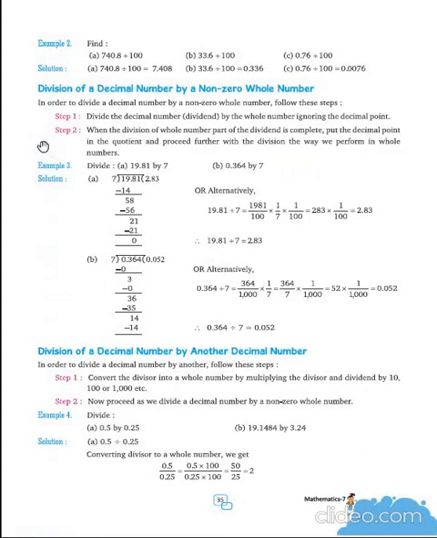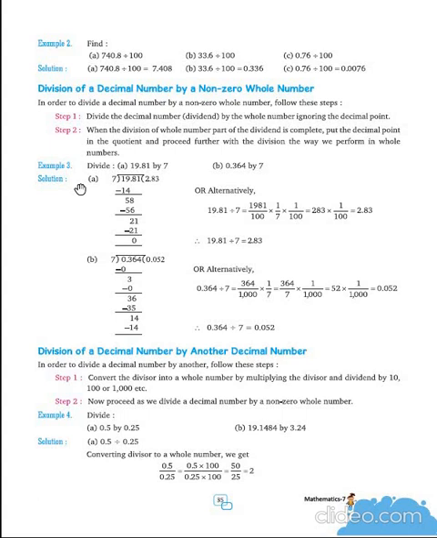Now let's see how the division of a decimal by a non-zero whole number takes place. For this you have to follow two steps. First you have to divide the decimal number by the whole number, just ignoring the decimal point. When the whole number part of the division is complete, then you put the decimal point in the quotient and proceed further with the division the way we perform it in whole numbers.